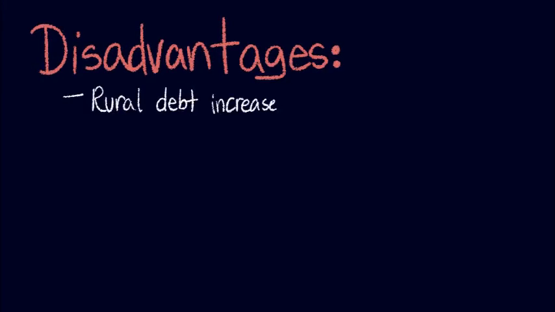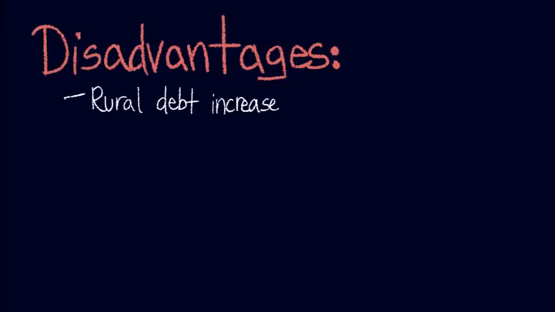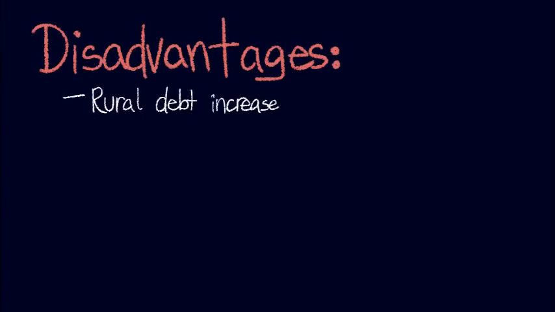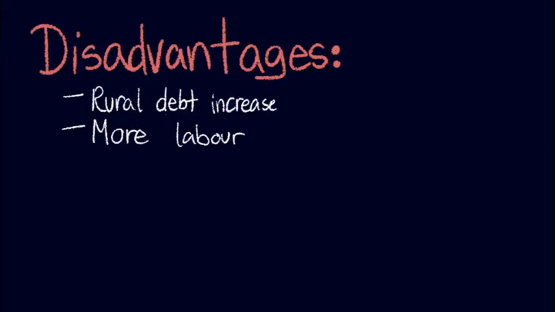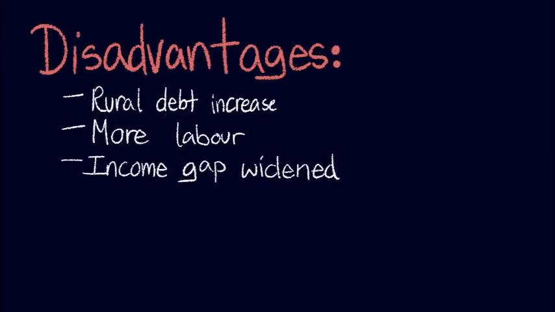However, the other aspect has to be considered. For example, high inputs of fertilizers and pesticides were needed, which was costly and has increased rural debt. The crops require more weed control and are more susceptible to pests and disease. The income gap has widened.